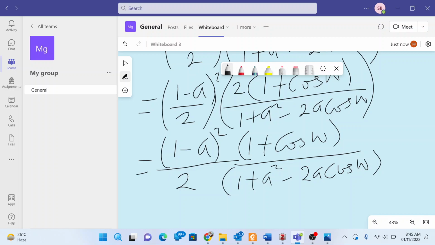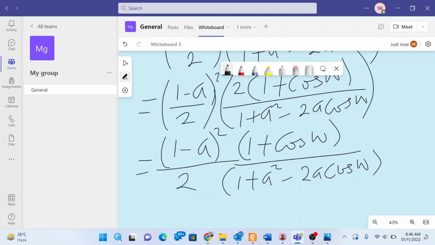Now this one as it is obtained now, we want to look for the 3 dB cutoff frequency, and that one is obtained by setting this H of omega squared to equal to half.